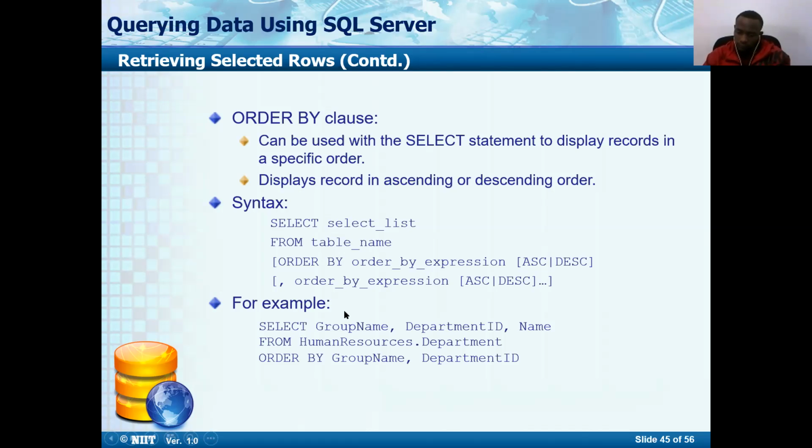So all you need to do is to list each pair of expression, that is the name of the column, and the order in which to sort. And that's the example that we have here. This example is going to sort according to ascending order of group name and ascending order of department ID, because we haven't indicated that it's descending.